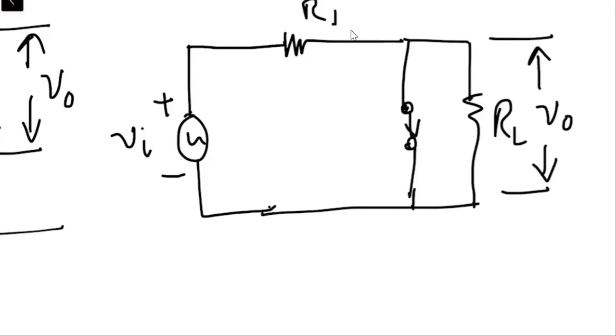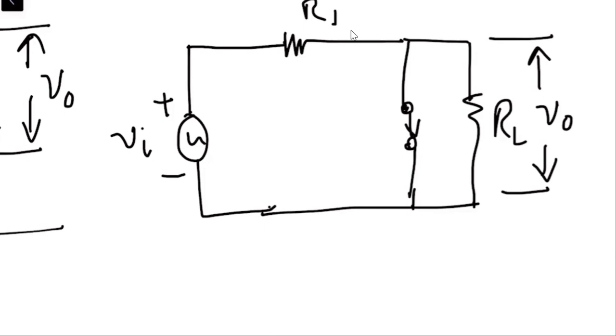When the switch is short circuited, there is going to be a 0 volt drop across it. The short circuit switch and the load resistor are in parallel, so we consider only the short circuit path. All the current will flow through the short circuit path, and the voltage will be 0 across this, because the short circuit path is not offering any resistance.